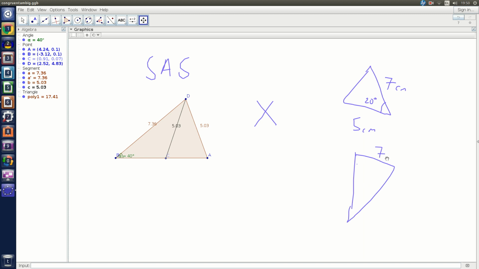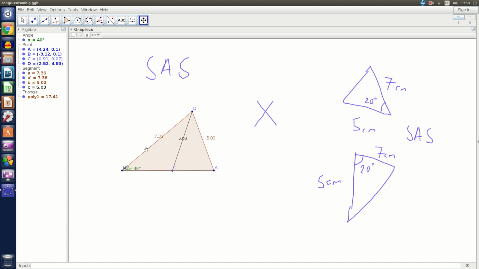Once again, the diagrams are never to scale necessarily, and I've got an angle of 20 in between. These two would qualify as being congruent because they are SAS. But what I want to show you is why the angle has to be in between and can't just be on the end. This diagram shows you perfectly why that is the case.